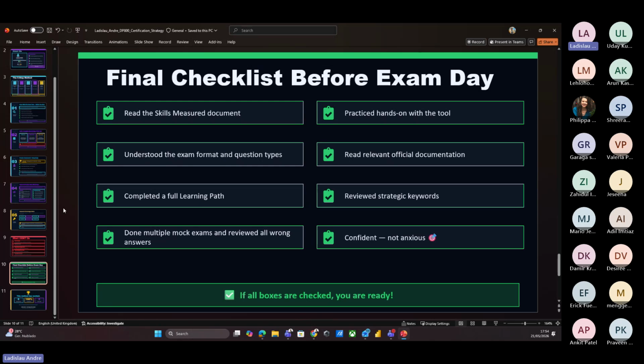And then I have this checklist that tells me I'm confident to take the exam. Read the skills measured document. Usually I already did this before I scheduled the exam. I can read every single bullet point. Understand the exam format and question types, for those taking Microsoft certifications for the first time.